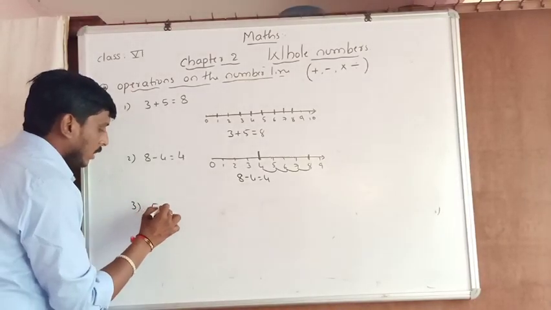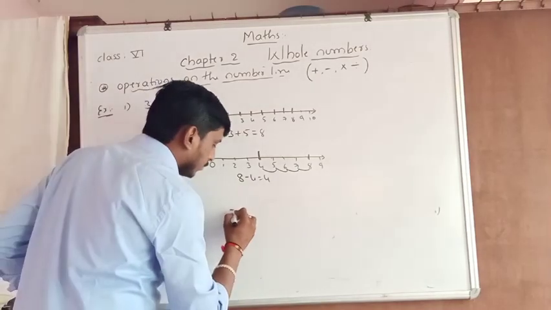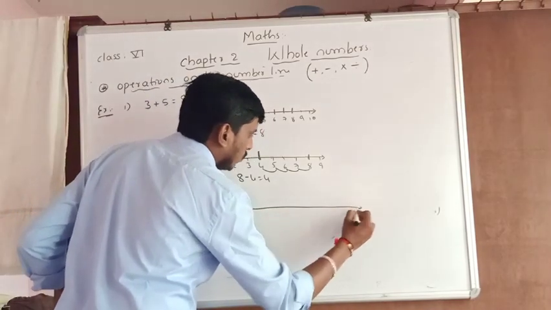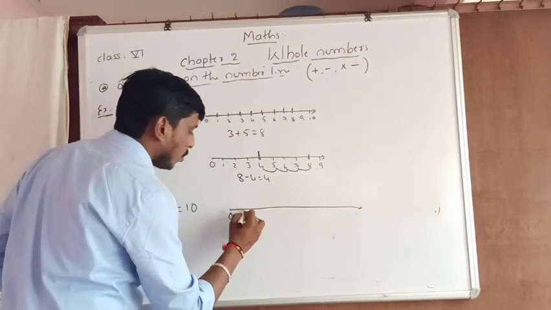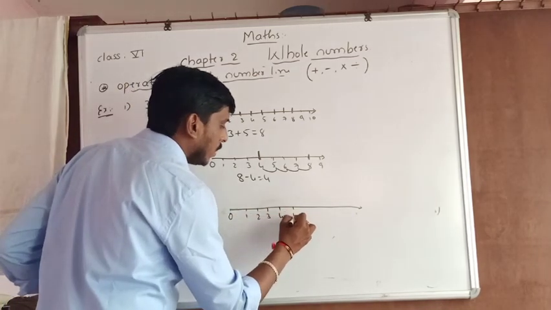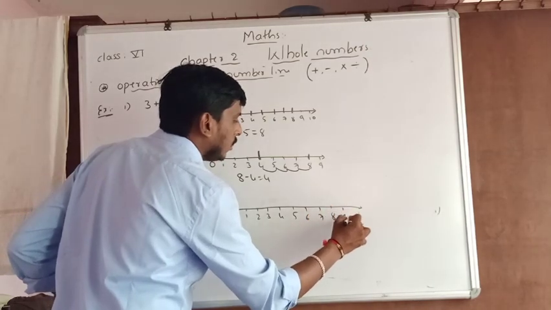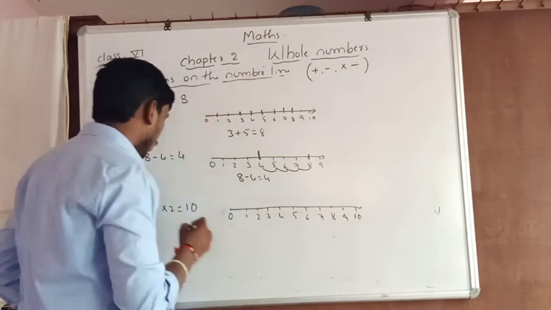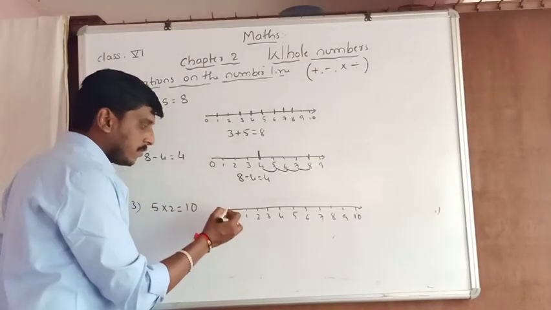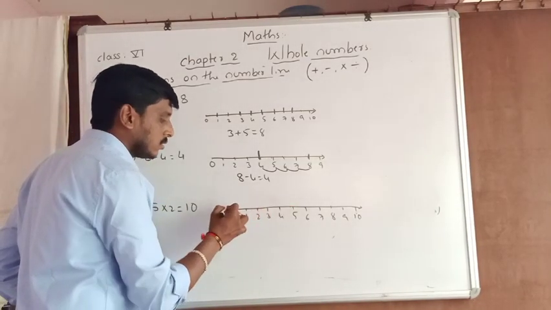The last example: 5 into 2. How much? 5 twos are 10. How to show it on the number line? Here 0, 1, 2, 3, 4, 5, 6, 7, 8, 9, 10. How much is there? 5, so go for 5: 0, 1, 2, 3, 4, 5.